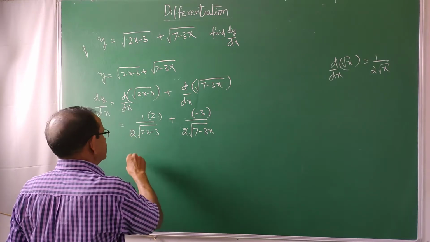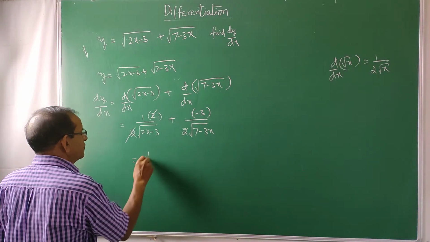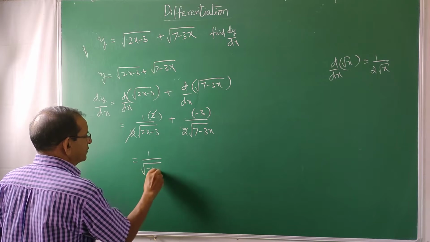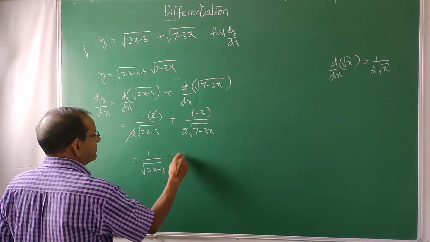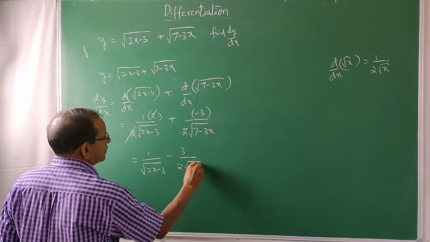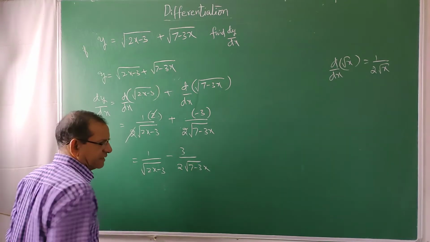Here you can cancel 2, so 1 by root of 2x minus 3 minus 3 by 2 into root of 7 minus 3x.